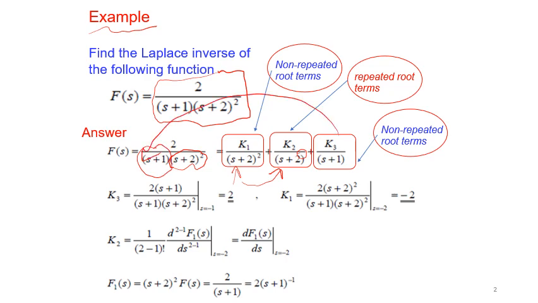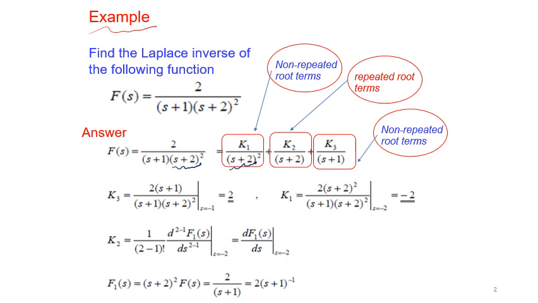Remember, (s + 2) to the power 2 is expanded as (s + 2) to the power 2 in the first term, and (s + 2) to the power 1. When it's to the power 1, we finish the repeated function. Then we go to the other part, (s + 1), which is written as k3 over (s + 1).